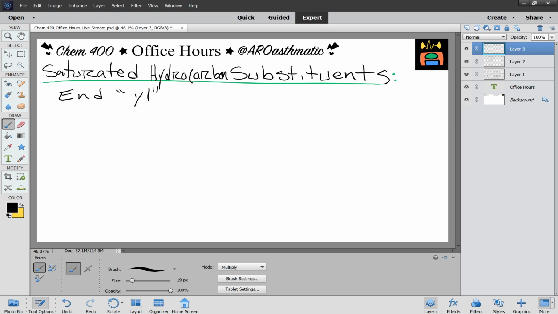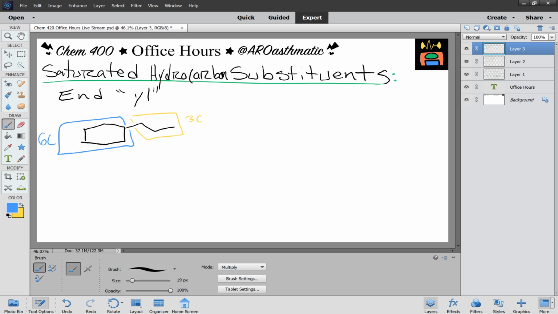So saturated hydrocarbon substituents end in -yl. If you have, for example, a 3-carbon substituent, clearly the substituent is this chain because it has 3 carbons. When you look at the larger ring, this has 6 carbons.